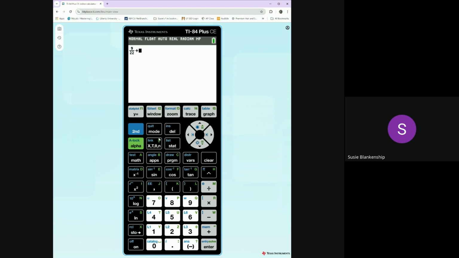I'll just delete alpha y equals 15 divided by 7. And then make sure you're outside that fraction by hitting arrow over to the right, enter, and there's my fraction. If for some reason you wind up with a decimal, if you start with a fraction, you should end with a fraction.